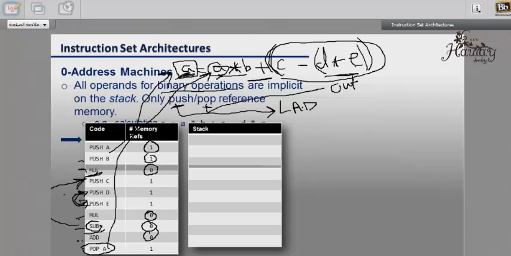Because Ms. Afrah told us that the first letter in any operation in a zero address machine you have to make it one group, and the rest will be the other group. Is that right? Yeah, that's right, the first letter always is a group.